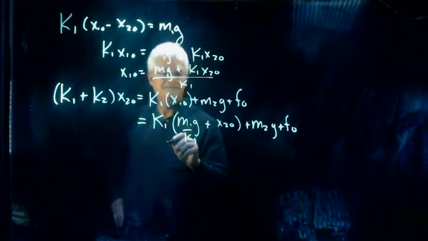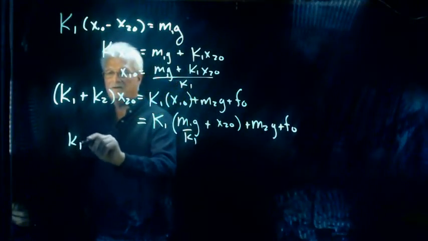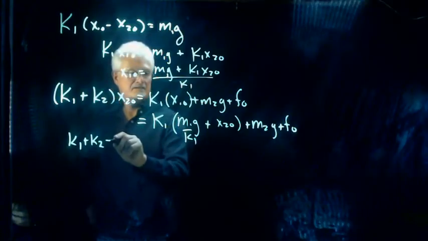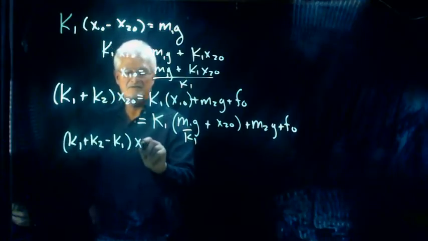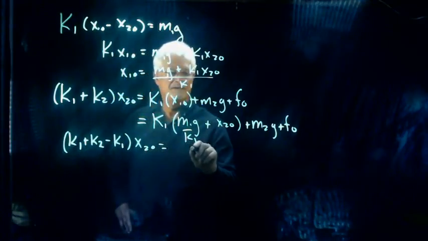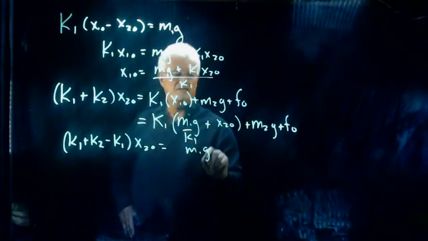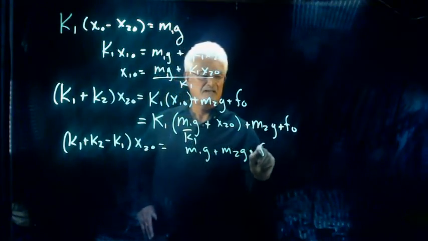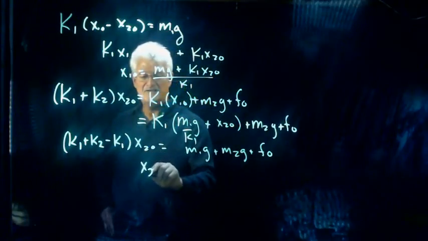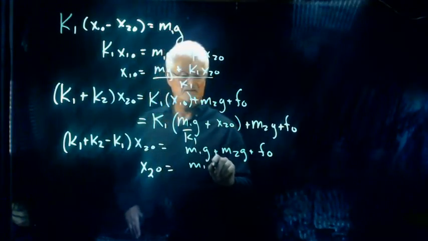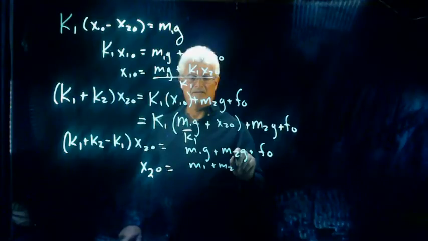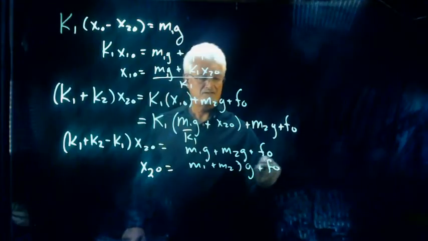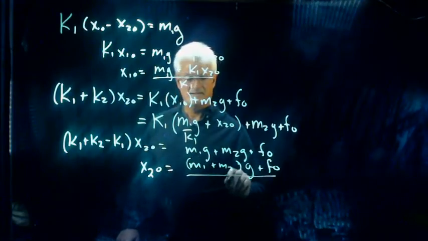Okay, so this is K1 plus K2 minus K1 times x20 equals m1g plus m2g plus f0. So that says that x20 is equal to m1 plus m2 times g plus f0 divided by K2.